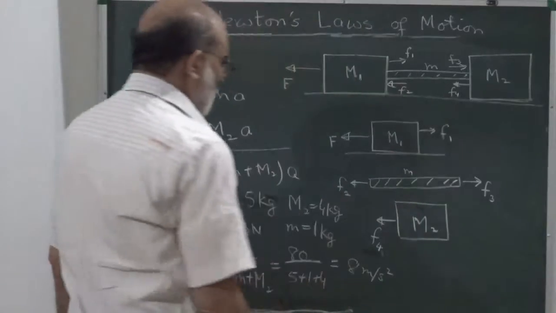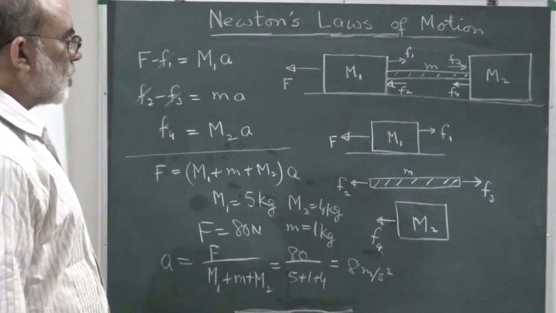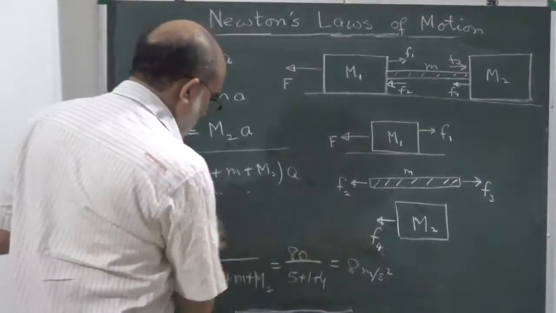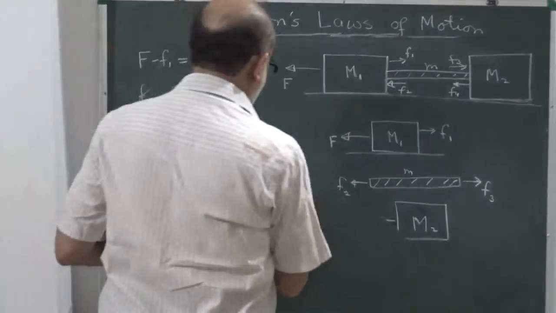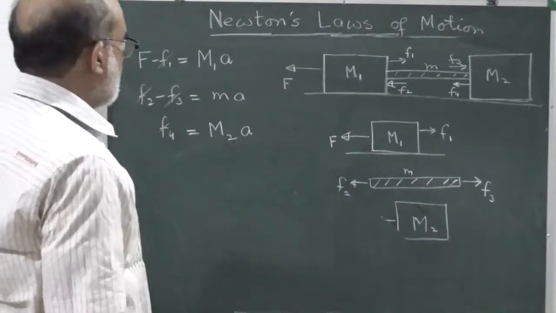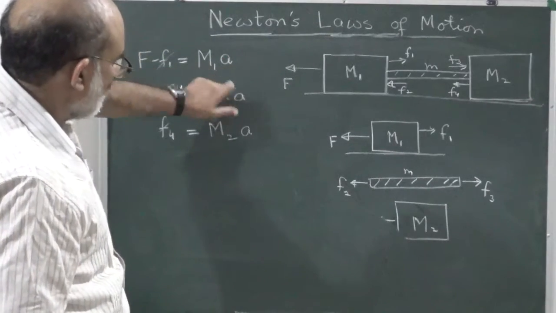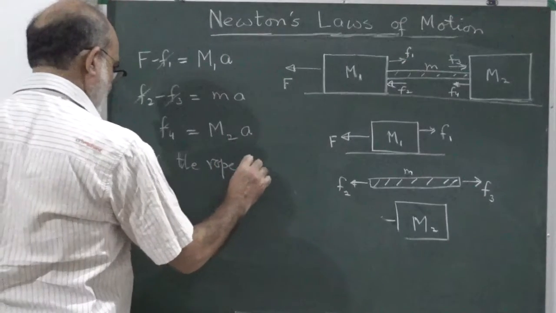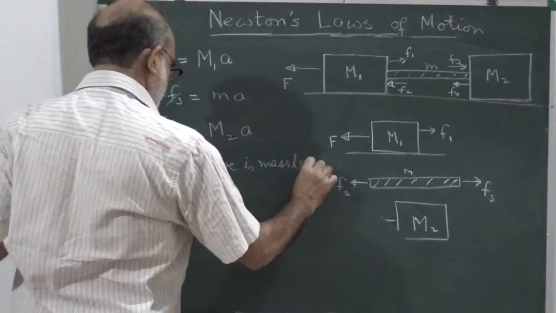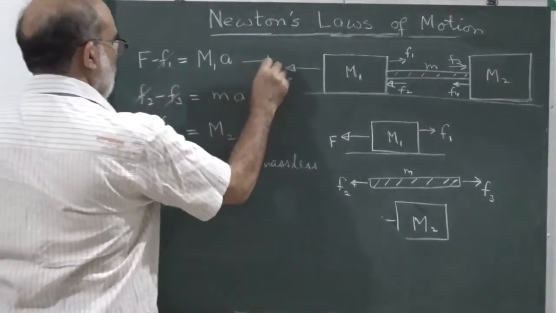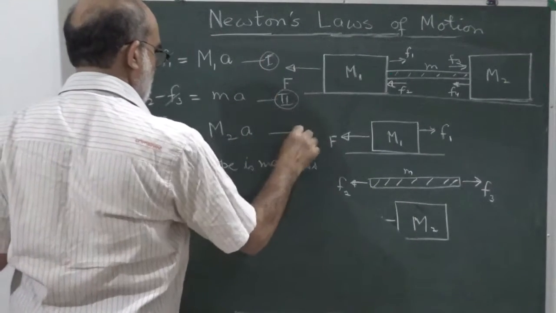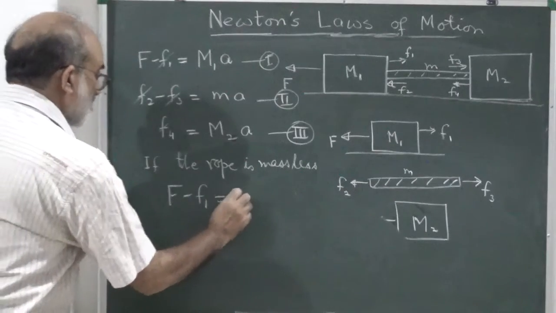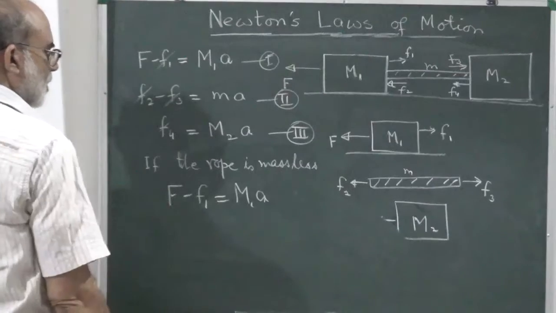Now if we assume the mass of the rope to be negligible, that is, if the rope is massless, this m becomes 0. Looking at equations 1, 2 and 3, these equations become: F minus F1 equals m1a, which remains the same.